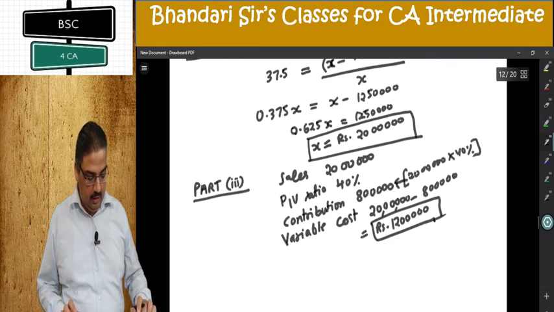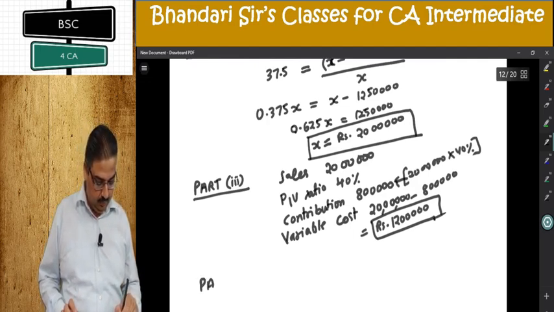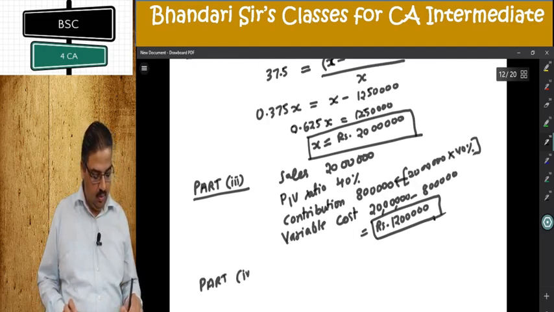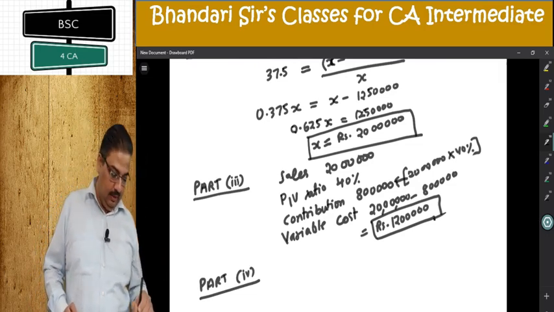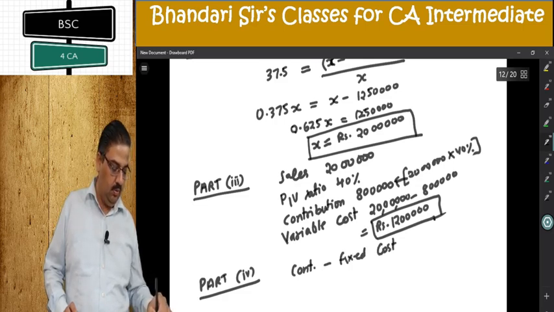Fourth thing wanted there, current profit. Part 4. Now fixed cost was 5 lakh. Contribution minus fixed cost is equal to profit.